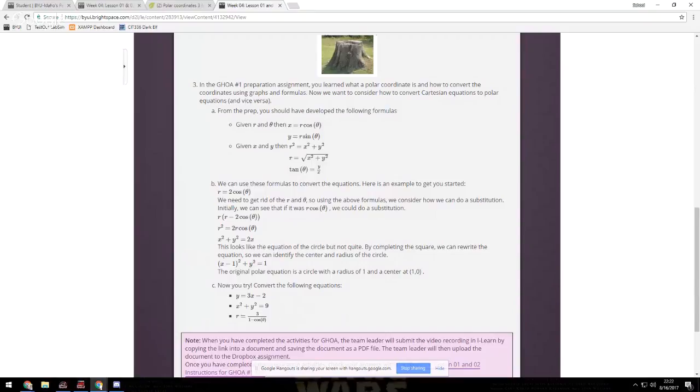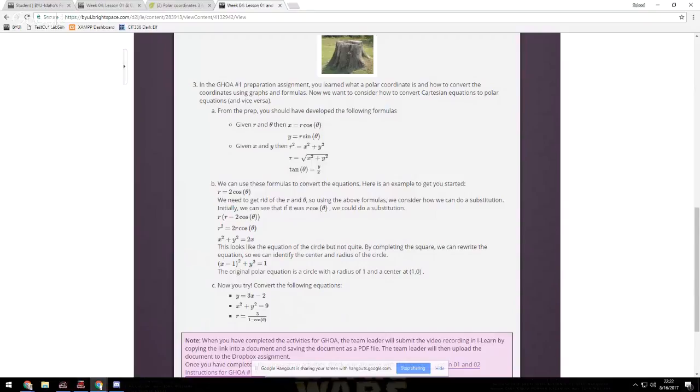And then so that I could get x or y on both sides, I took the x, I minused it over, oh, my handwriting is horrible. So I added x to both sides, so I have x plus 3 equals the square root of x squared plus y squared.